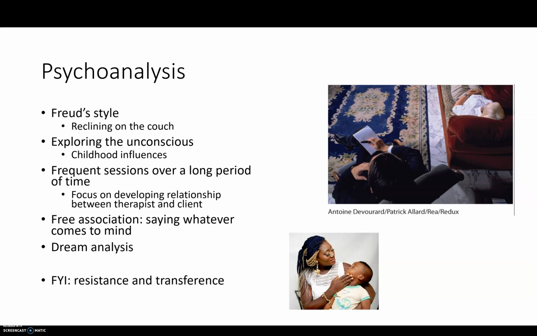And my understanding is it's called transference because it's kind of transferring the relationship between the client and their mother figure in their childhood to the therapist. So the therapist kind of assumes that role in place of the mother.